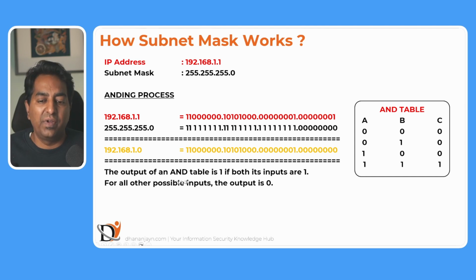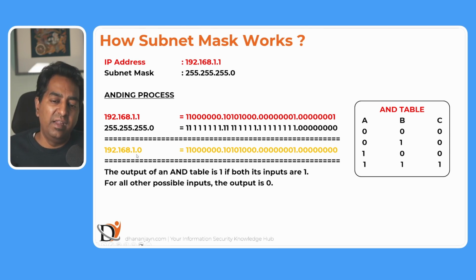The output of an AND gate is 1 only if both the inputs are 1. So here it is 1, here it is 1, and that's where it is 1. Here it is 0 and this one is 1, so the output is 0. And in the same way we calculated for all the bits, and we got the network ID of this particular IP address.